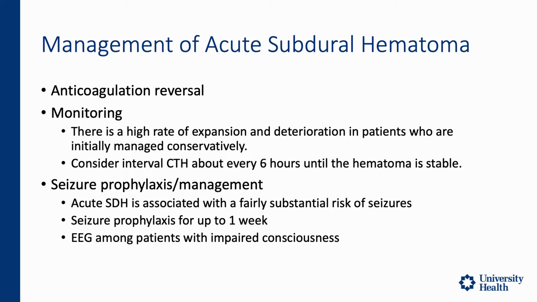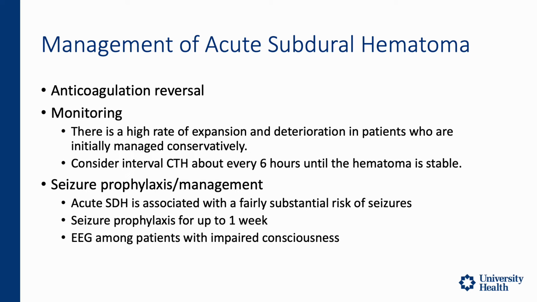So what is the management of acute subdural hematoma? If the patient's anticoagulated, then obviously anticoagulation reversal. You want to make sure that you're monitoring these patients also because they're at high risk for decompensation and deterioration and expansion of the bleed. So usually these patients, you manage them conservatively. What does that mean? Is that you're checking like Q1 or Q2 hour neuro checks.